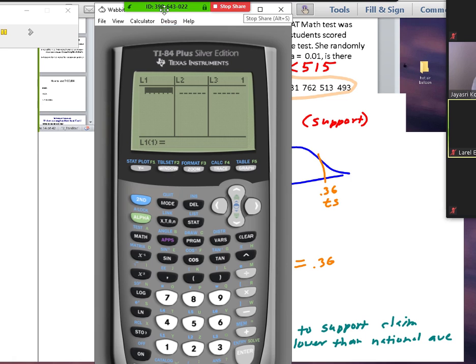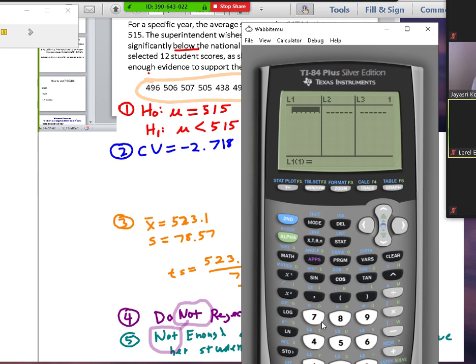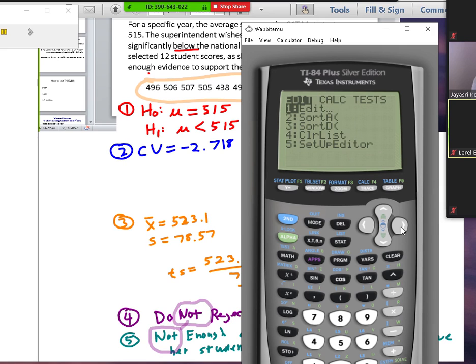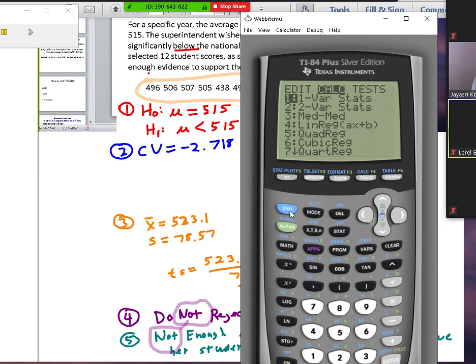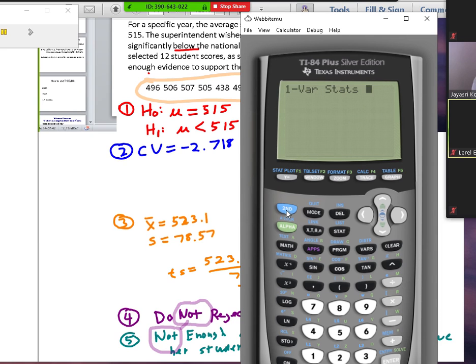So you're going to throw all your numbers in. 496, 506, 507, 505, all the rest of them. And then once you have them all in there, you're going to do Stat, Calc, 1-Var Stats on list 1, because that's where I put everything. So second L1, enter, and then second L1, enter, and then it gives you my, this is wrong because I didn't put them all in. I only put in 4.